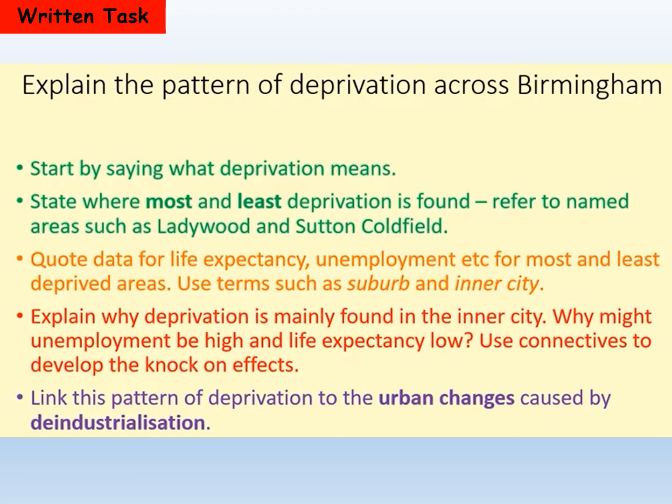This means that, and you could explain why deindustrialization is so bad in the inner city and why that causes deprivation, and then why actually it causes the outer suburbs to thrive. So you need to make sure that is a fairly lengthy paragraph. You're not going to be able to do this in 2 or 3 lines. It's going to be probably, I would say, half a side of A4 in your book.